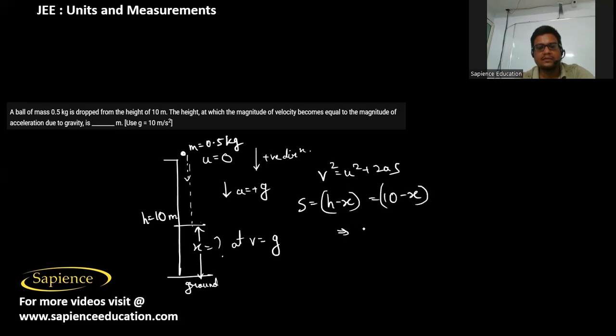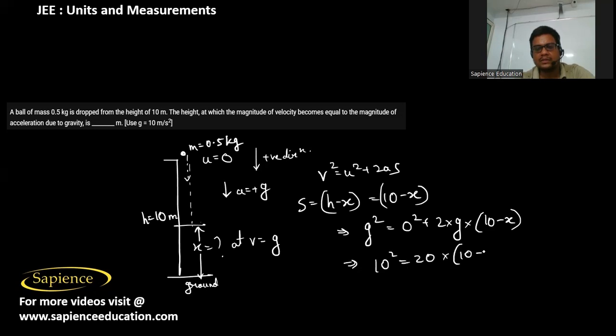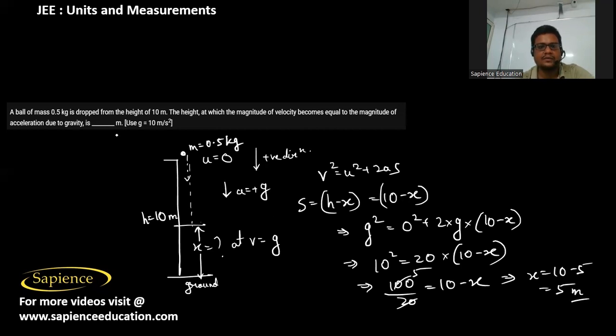Therefore v is equal to g, so g square equals 0 square plus 2g into 10 minus x. Therefore 10 square is equal to 20 into 10 minus x, so 100 by 20 equals 10 minus x. So x will be equal to 10 minus 5, that is 5 meters. So at a height of 5 meters, the magnitude of velocity will be the same as the acceleration due to gravity.